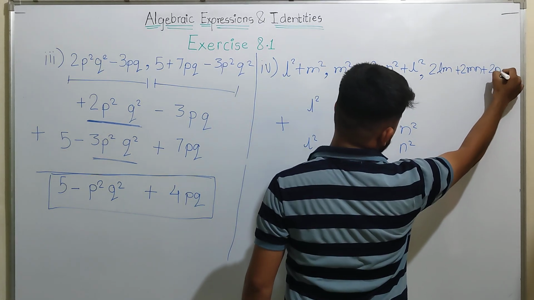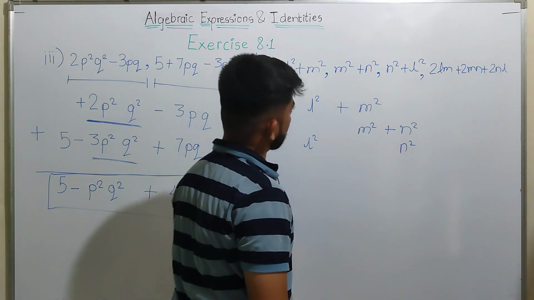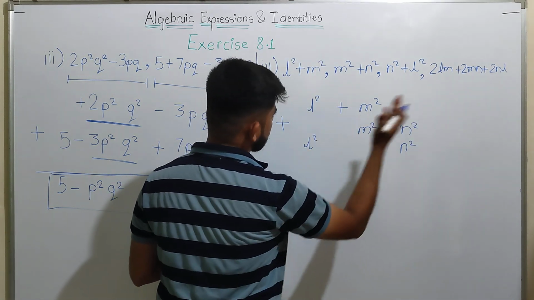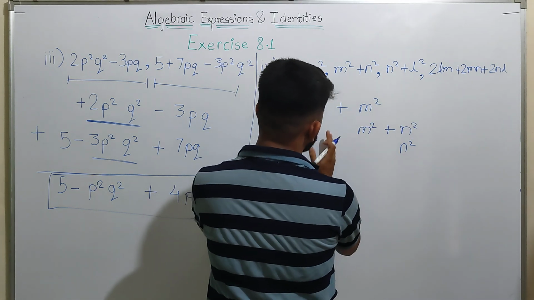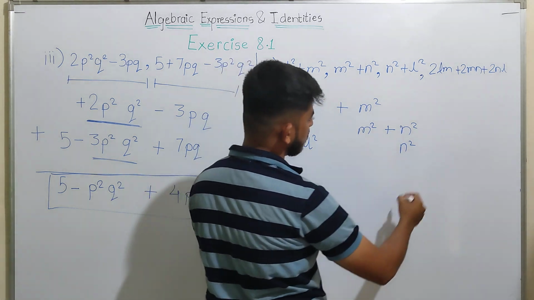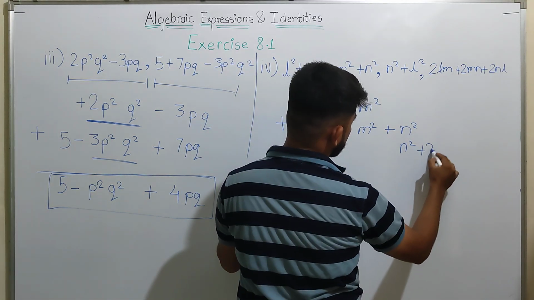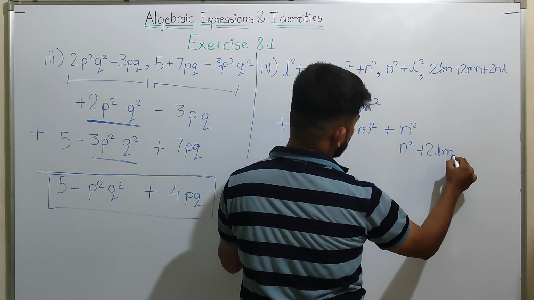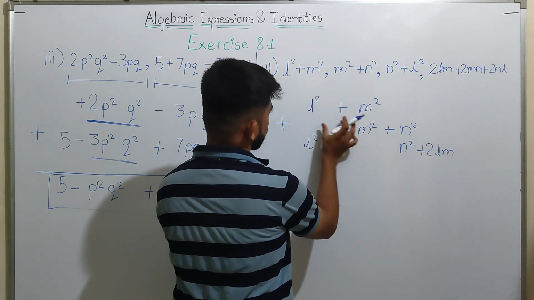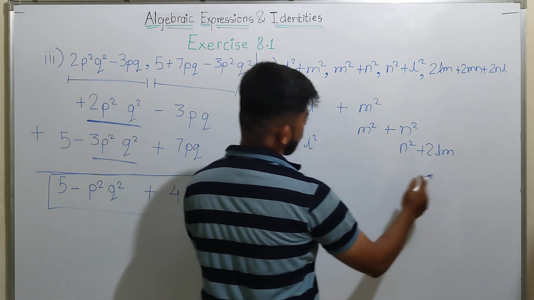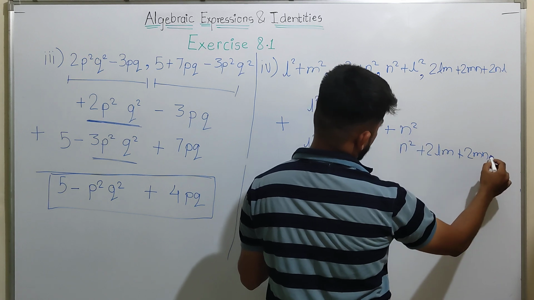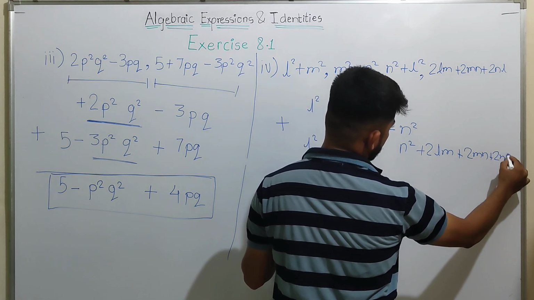I don't think you might get any much more difficulty. So adding the fourth term, do you have lm over here from these three terms? No, we don't have. I'll write directly over here 2lm. Do you have mn over here? No, we don't have. I'll write 2mn. We don't have nl also, 2nl.